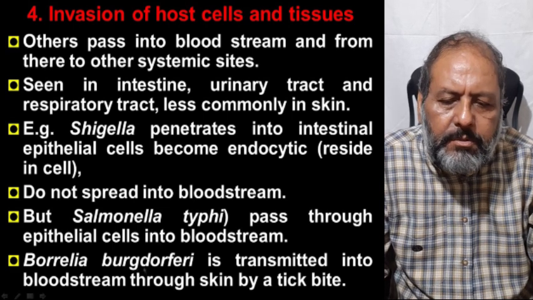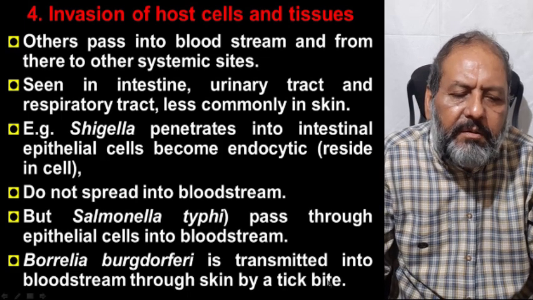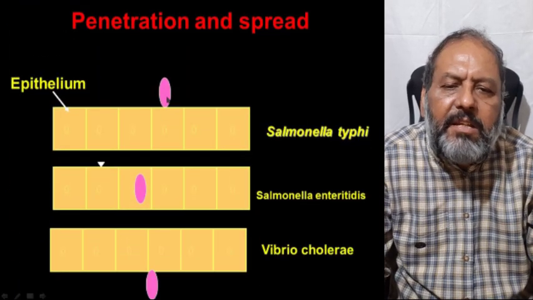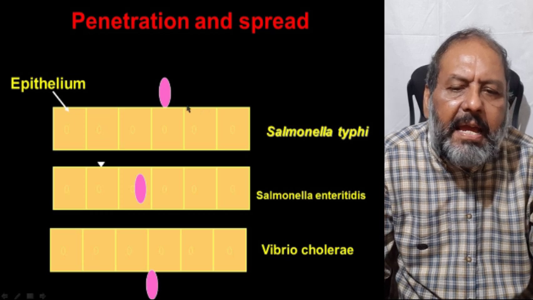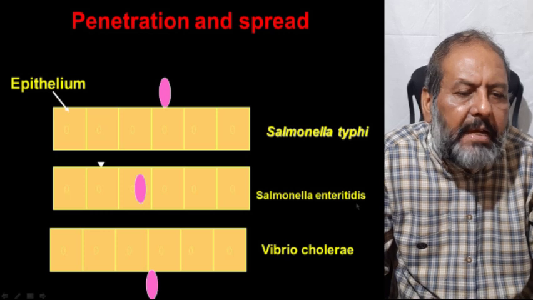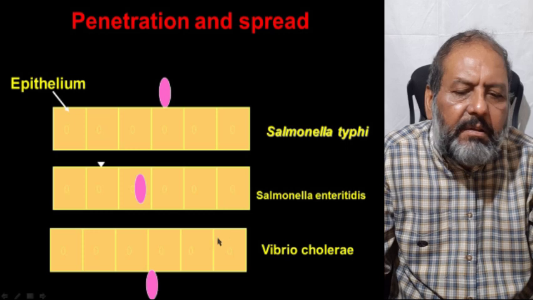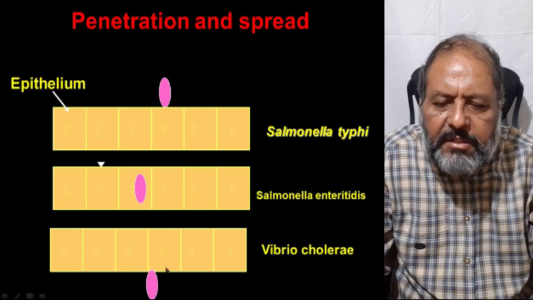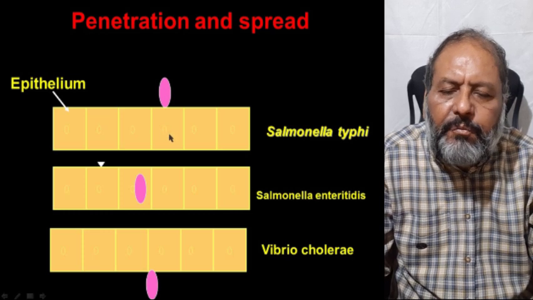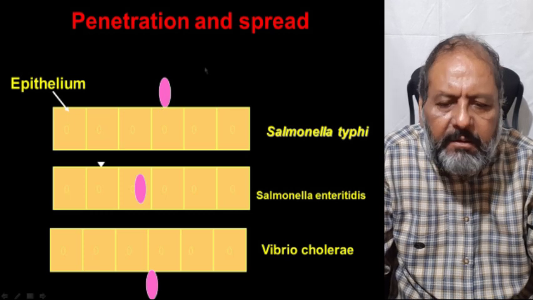Borrelia burgdorferi is transmitted into the bloodstream through the skin by a tick bite. Here one can see the epithelium being invaded by bacteria. Salmonella enteritidis gets entry into the epithelial cell, and Vibrio cholerae just resides on the epithelial cell, but Salmonella typhi is capable of penetrating the epithelial cell and then it gets entry into the bloodstream.